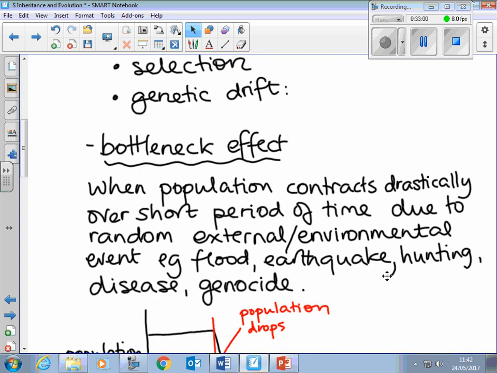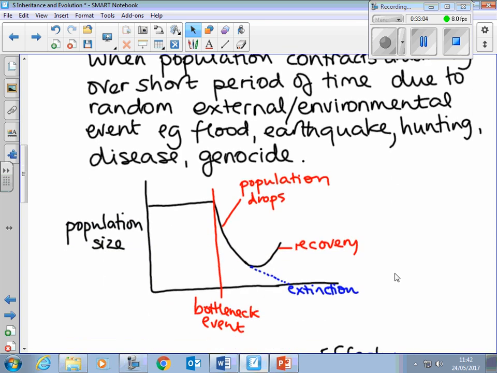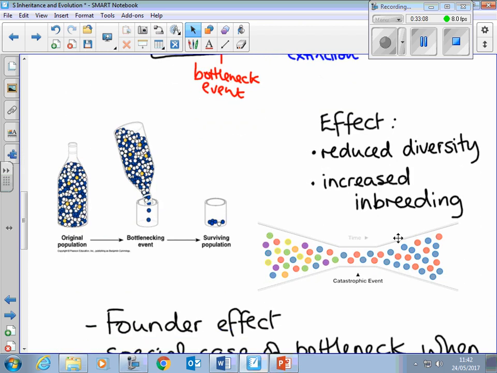For genetic drift, we had the idea of bottleneck effects, where you've got big contractions in population numbers, which might really reduce the number of different alleles or genotypes that could get through to grow the population again. You end up with this reduction in diversity and increased inbreeding.